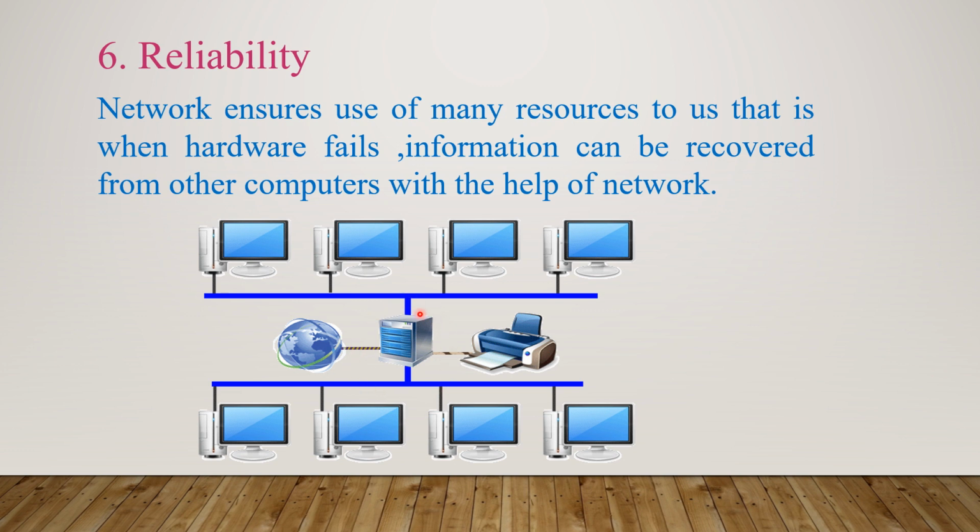The files or information available in this server can be accessed by all the systems in this network. Suppose a person is working in this particular system and, due to some reason, the system has been damaged. Then it does not create any impact on the work of the person, because that person can use any other system that is connected to the network and can start the pending work on that particular file. In this way, network provides us reliability.